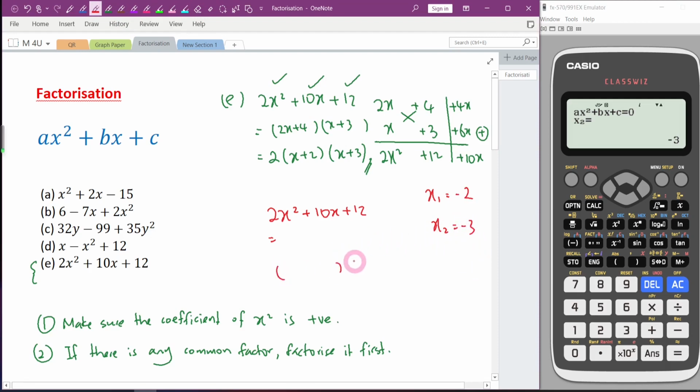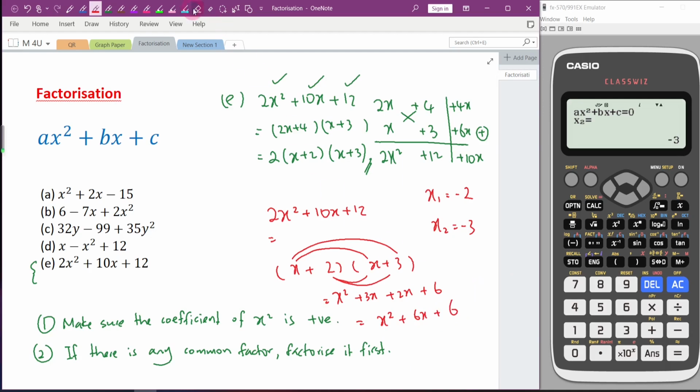So, write two parentheses, x plus 2, x plus 3. You try to do the expansion for this, you will not be able to get back this. x squared, positive 3x, positive 2x, this is plus 2x plus 3x, so positive times positive will get positive 6. Okay, so x squared plus 6x plus 6. Oh, sorry, not 6x, 5x.